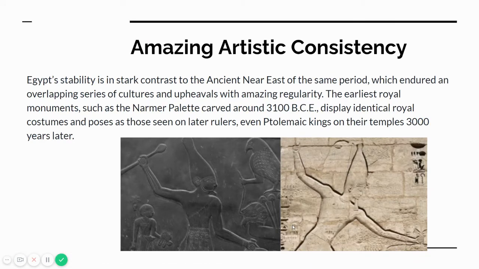What is important to understand about Egyptian art during its entire dynastic existence is its stability and its consistency. And this is really what I hope you take away the most. I think a great way to understand it is comparing it to the ancient Near East, which coexisted during the same period.